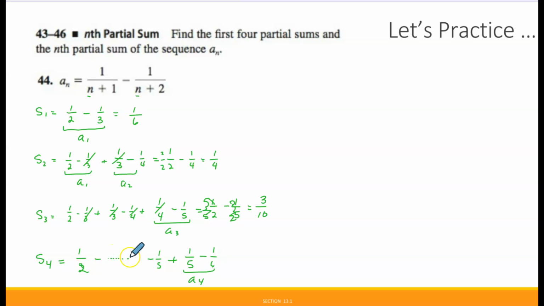We have all those middle things canceling out like we had up here. And so here would be just looking at 1/2 minus 1/6. Common denominator is going to be 6, so here we'd multiply by 3 over 3. 3 minus 1 would give us 2 over 6, which is 1/3. And so there are our 4 partial sums.